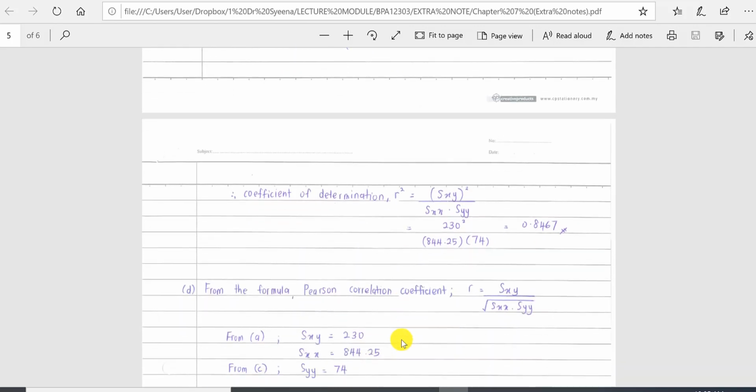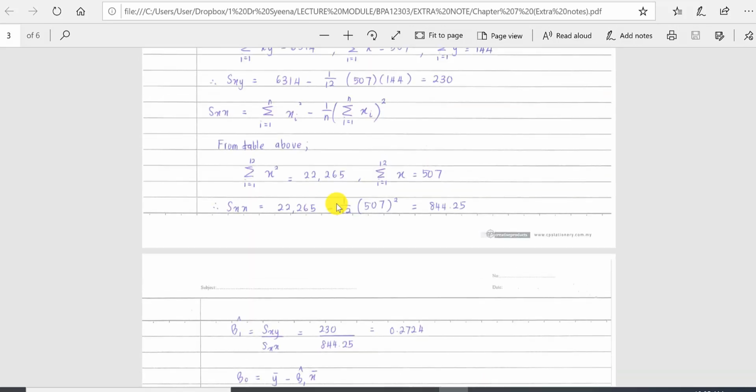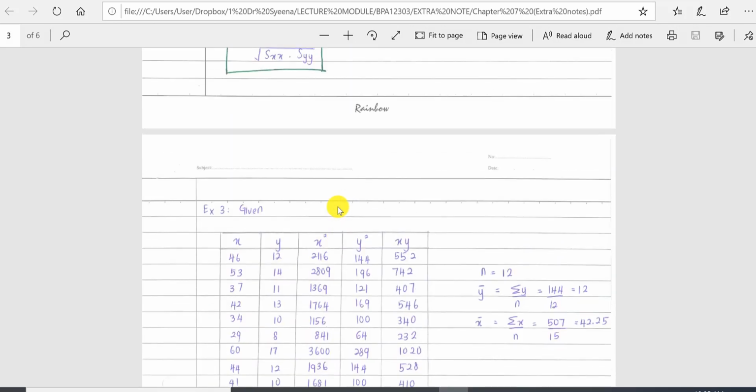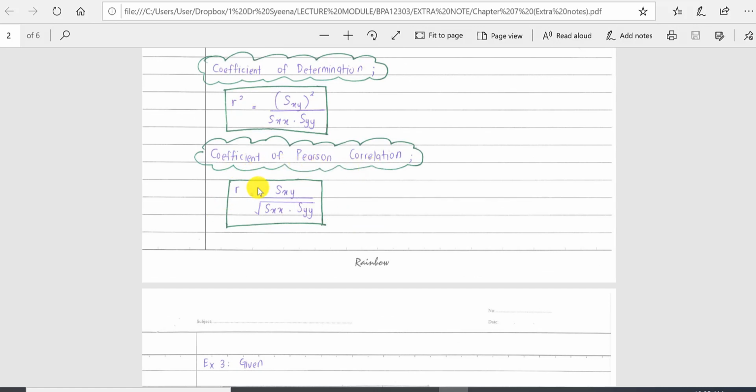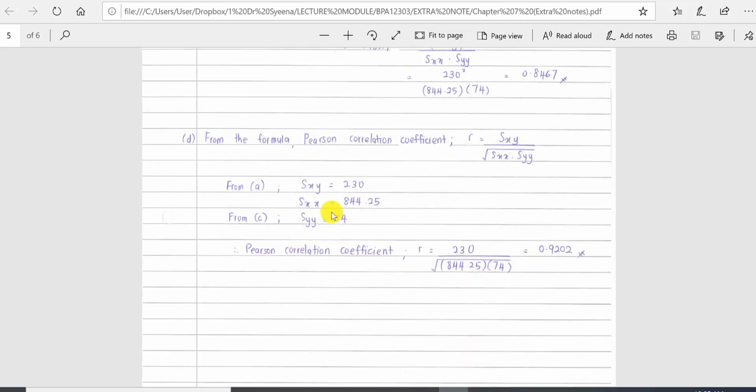Now we look at the next example on the Pearson correlation, or r. The coefficient of Pearson correlation r is equal to Sxy over the square root of Sxx times Syy. Again, we already have the values of Sxy, Sxx, and also Syy. So r is equal to Sxy 230 over the square root of 844.25 times 74.